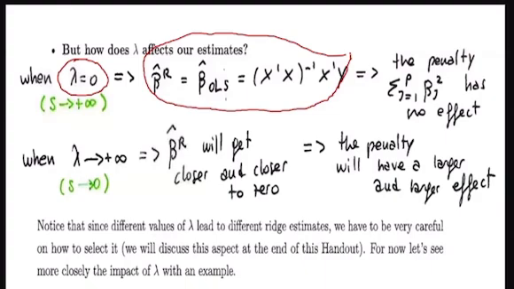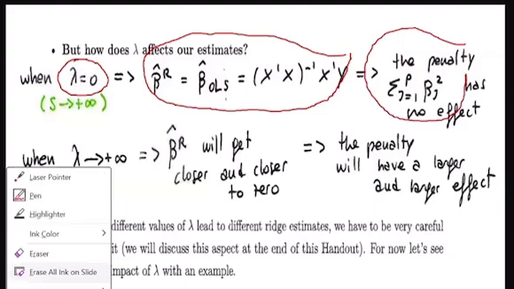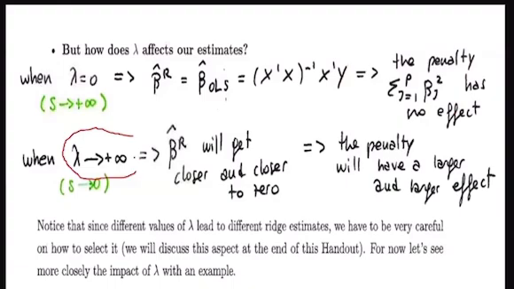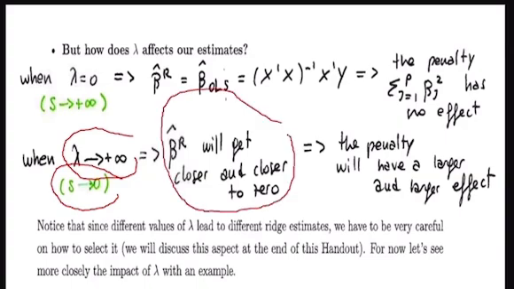You can still pursue the regression using OLS, the least squares approach. That's what it's telling you, which means when lambda equals 0, the penalty introduced has no effect. But as lambda becomes large, the ridge coefficients get closer and closer to 0, but they are just not going to be exactly 0.